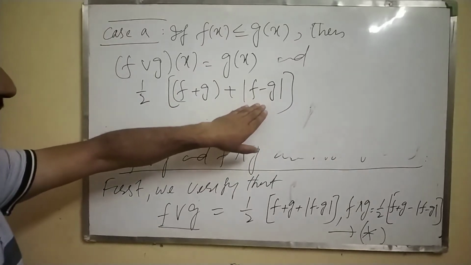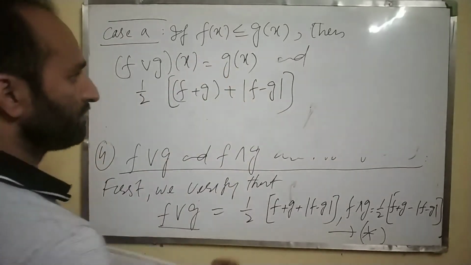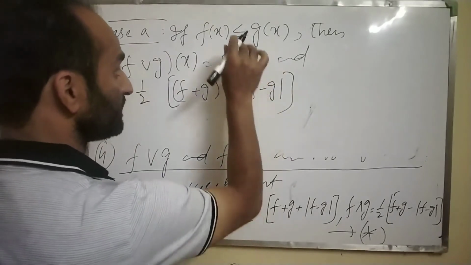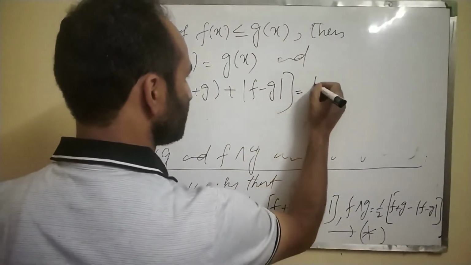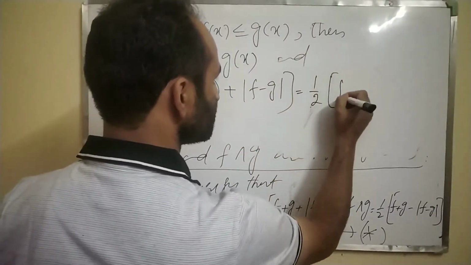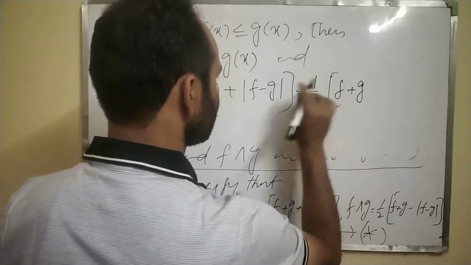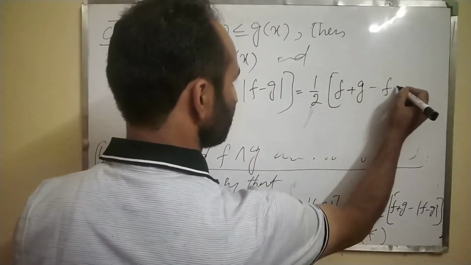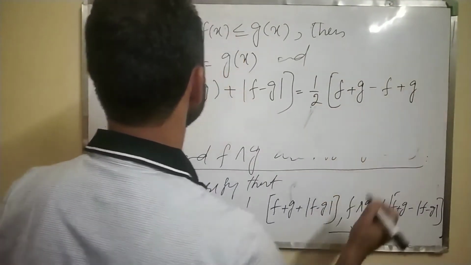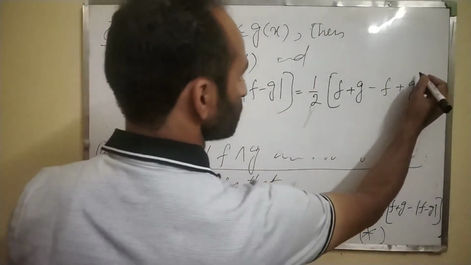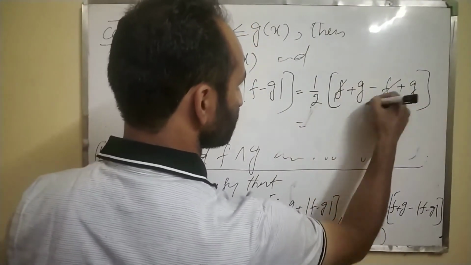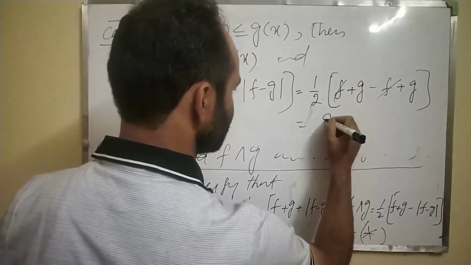So mod of f minus g is equal to minus times f minus g. In this case, it's equal to one half of f plus g, and minus times this, minus f plus g. So you can see this is equal to twice g divided by 2, that's equal to g(x).